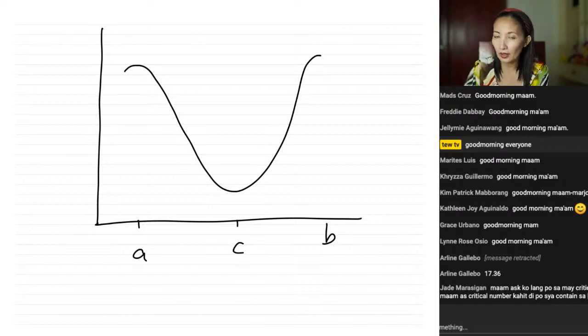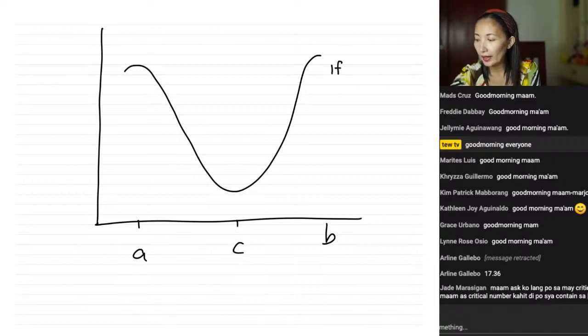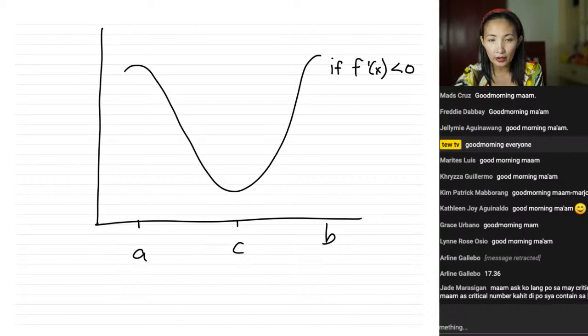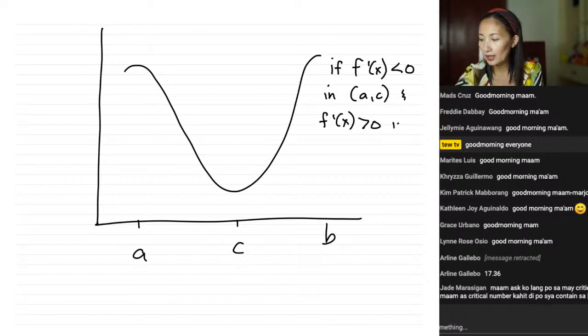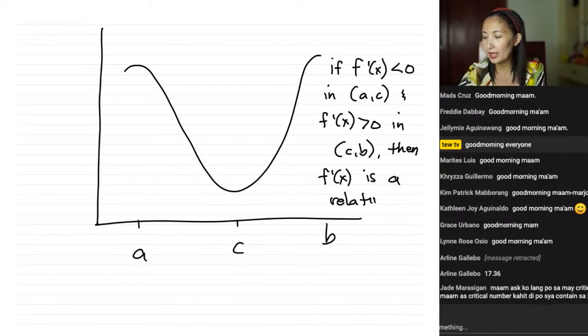The first derivative test says, if f prime of x is less than 0, meaning negative, in AC, and f prime of x is greater than 0 in CB, then it is a relative minimum.